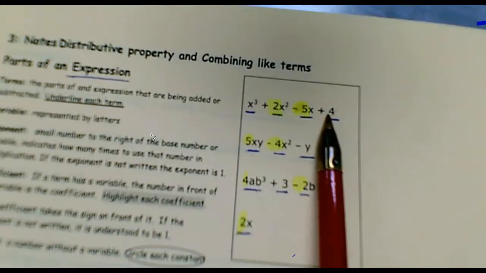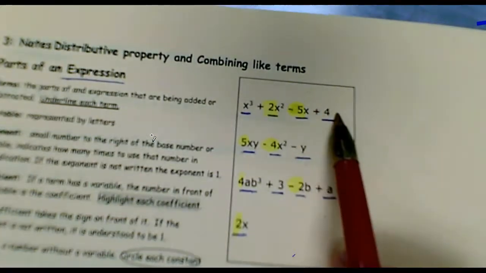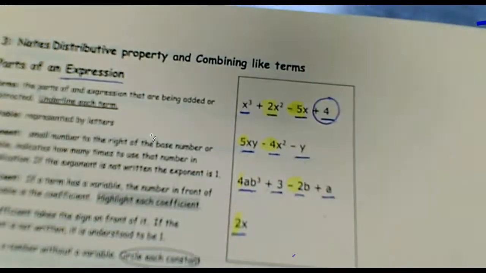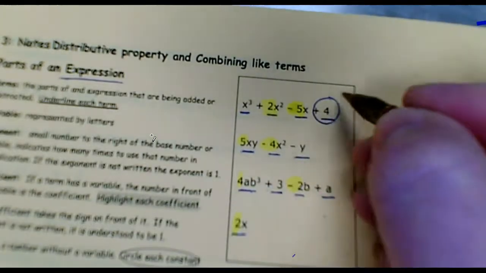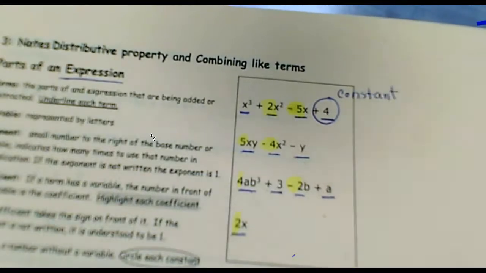Well, what do you call this one that doesn't have a variable? This number right here, our last term down there, this one is called a constant. If it doesn't have a variable, this is called a constant.